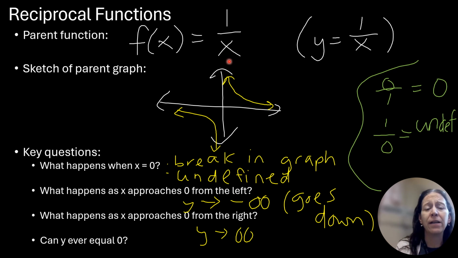If you plug in a positive number for x, a positive divided by a positive is going to give you a positive, okay? And so if you plug in a positive number, something over here, you're going to get a positive. If you take a negative number and plug it in, a positive divided by a negative will always give you a negative. So you got negative.